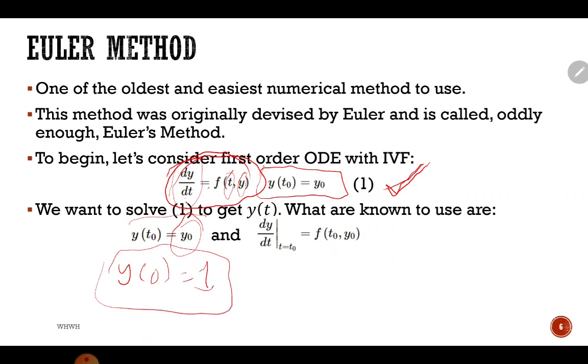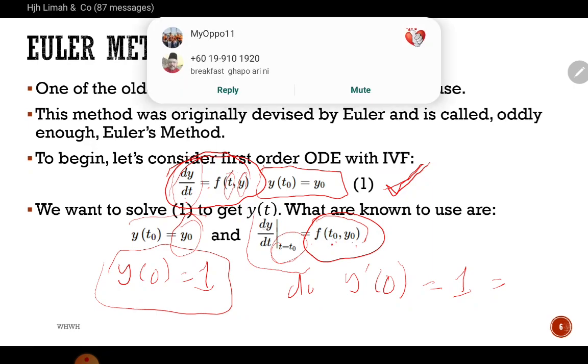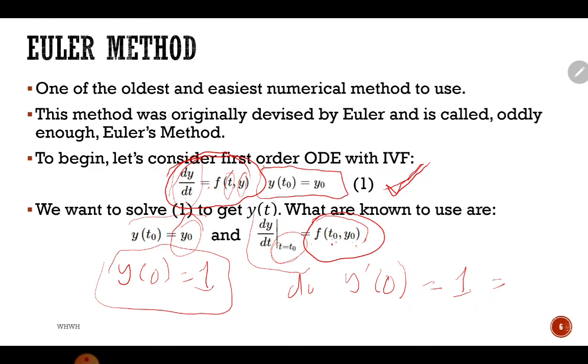Then we also know dy dt at t equals 0, meaning y prime at t equals 0 equals some value, say also 1. This is the value you are going to put in here. Make sure everyone is clear: f(t naught, y naught) is actually the derivative at t equals 0.